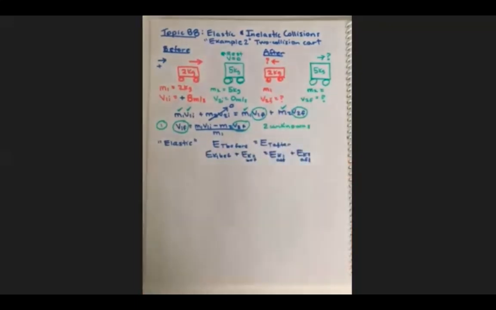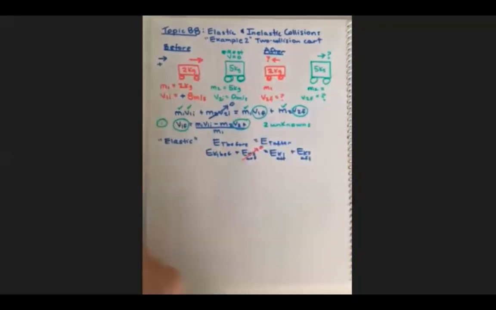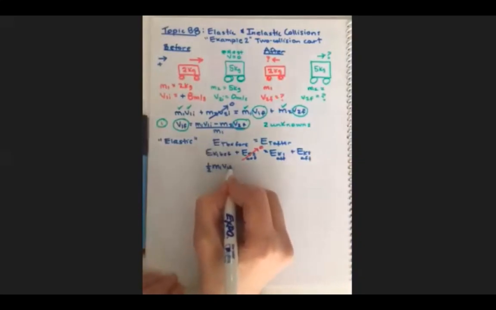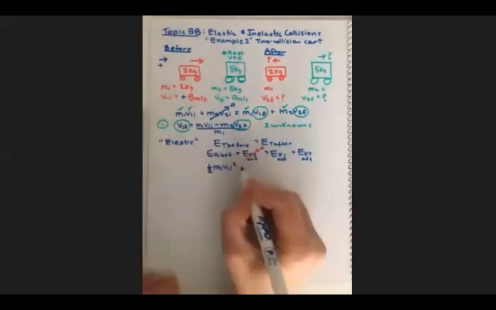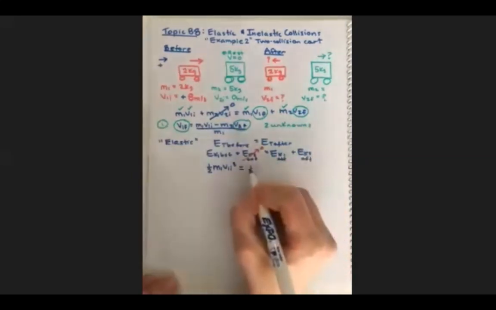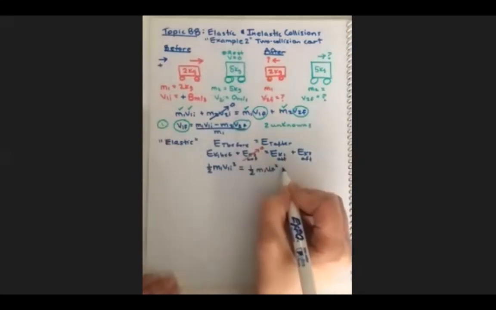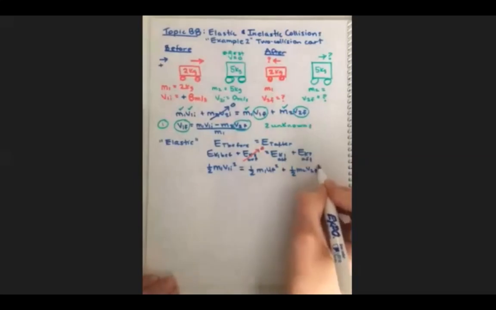Simplify it. We know that since object 2 is at rest before, that goes to 0, and we can substitute 1/2 m1 v1I squared equals 1/2 m1 v1f squared plus 1/2 m2 v2f squared.